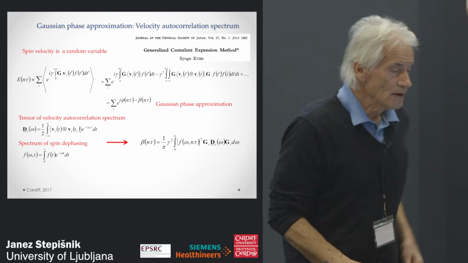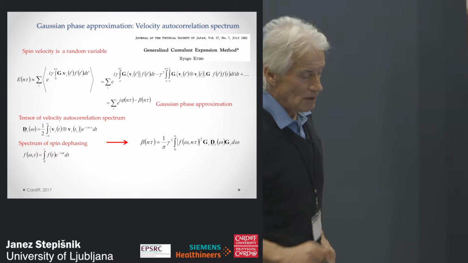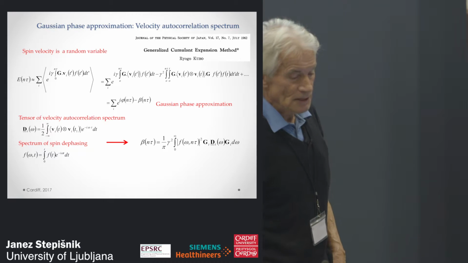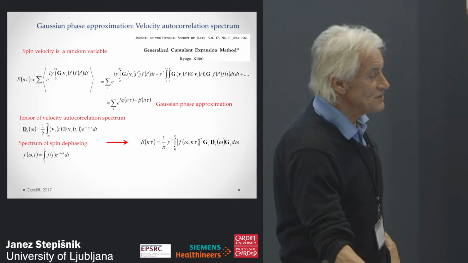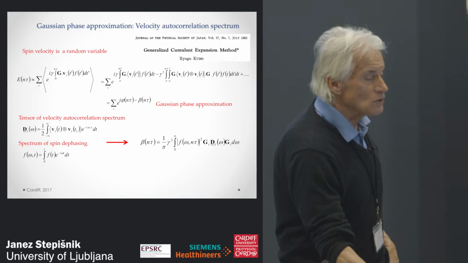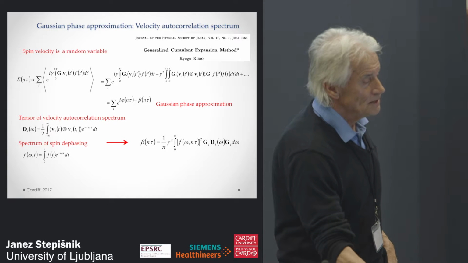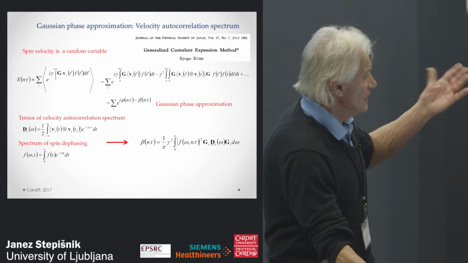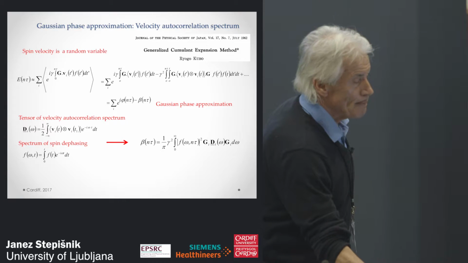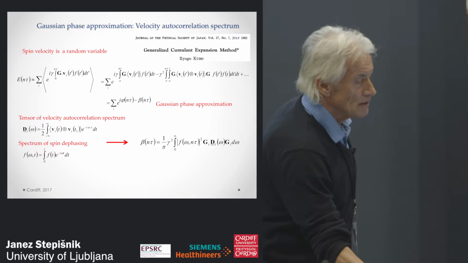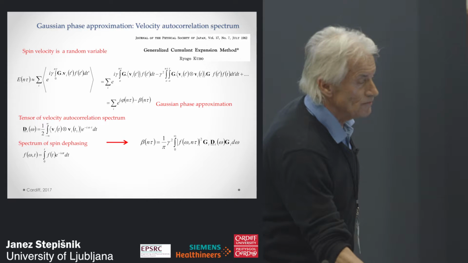And in this paper, and maybe other textbooks about stochastic processes, you can find that such an average can be expanded in cumulants. In cumulants, it means the first term, a kind of Taylor expansion, but an expansion in cumulants. The first term is the average velocity. The second term is the correlation of velocity.